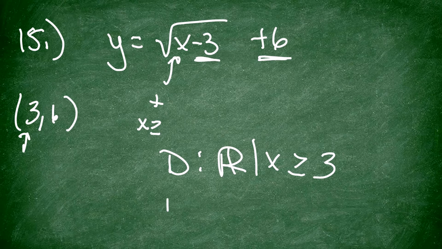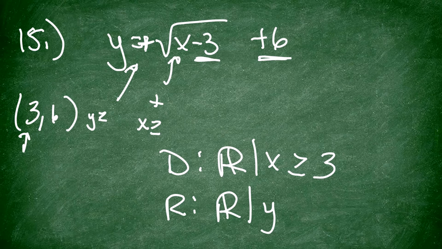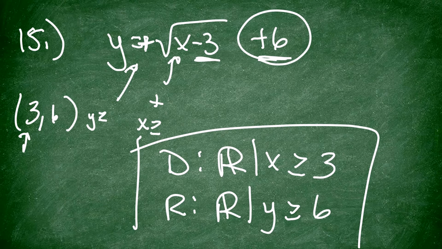This time it's 3. Range, all the reals such that y, because that's positive right there, I put y is greater than or equal to. This time it's k, which is 6. And that's how you do that without using any graphs or any XY charts or anything. You don't need any of that. And that's it for 15.